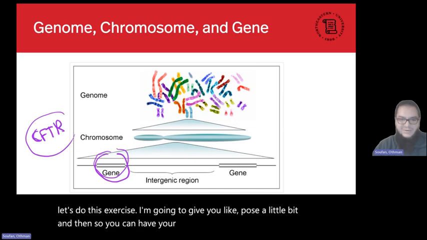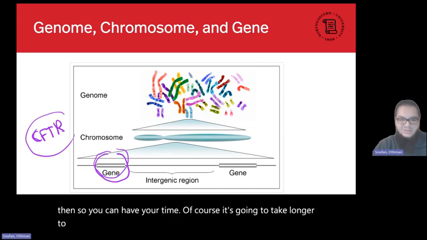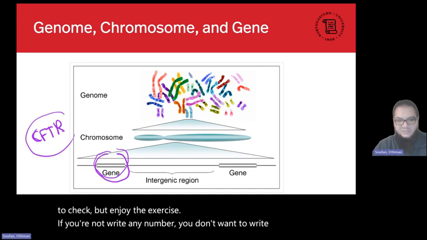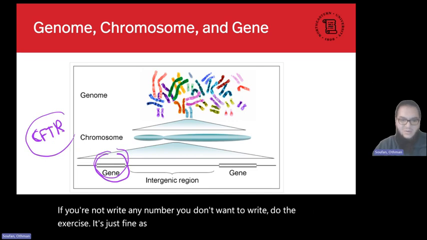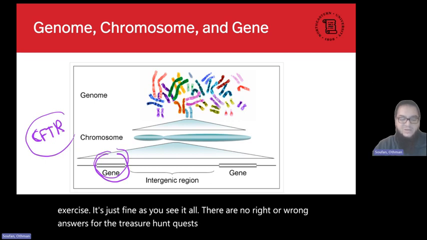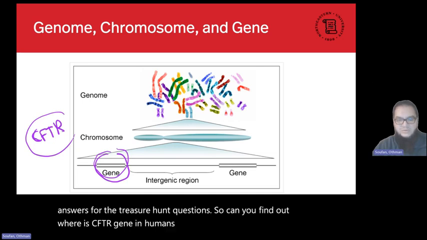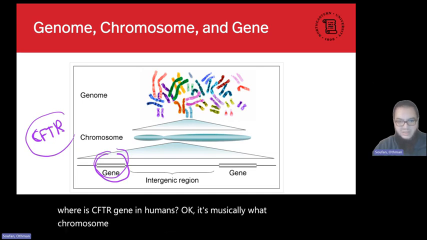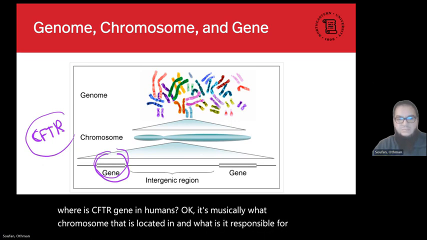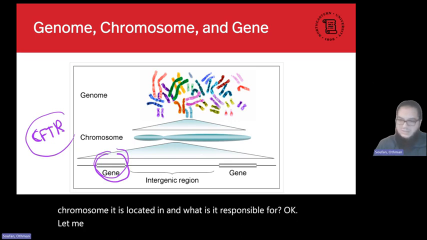Of course, it's going to take longer to check, but enjoy the exercise. If you don't want to do the exercise, it's just fine. As I said, there are no right or wrong answers for the treasure hunt questions. So can you find out where the CFTR gene is in humans, specifically what chromosome it is located in, and what it is responsible for? Let me give you a few seconds here.